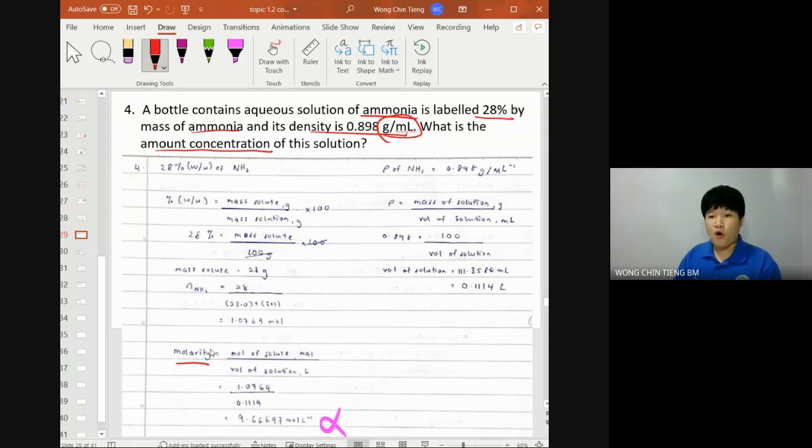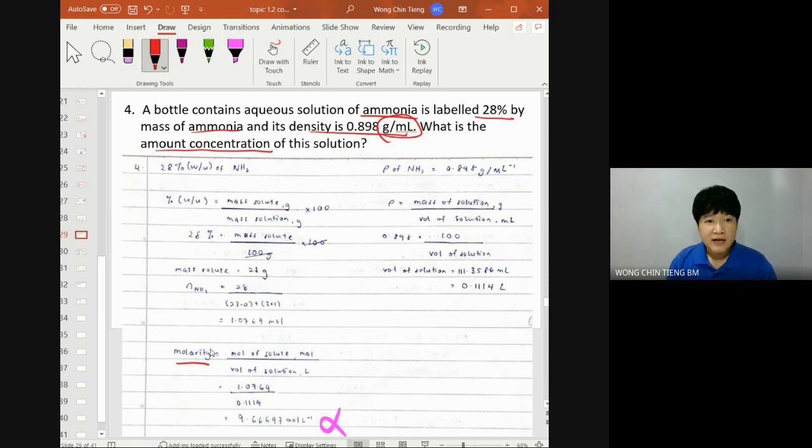What is wrong in this question? Apa yang tertinggal? Apa yang salah? Ke jawapan dia betul? Saya rasa jawapan saya lain dengan dia. Jawapan kamu sama ke dengan dia? Tak. Okay.